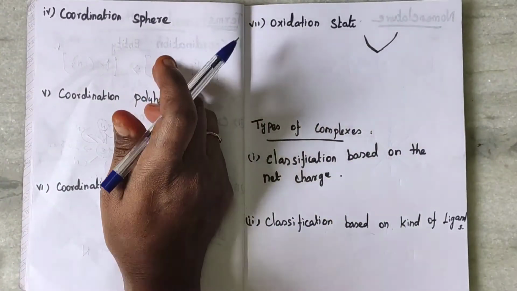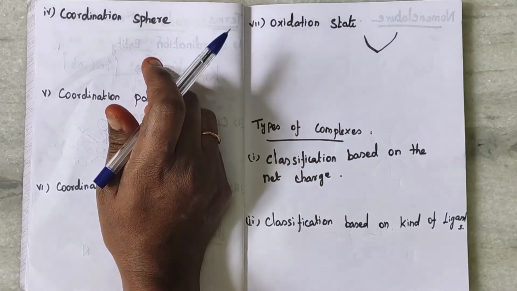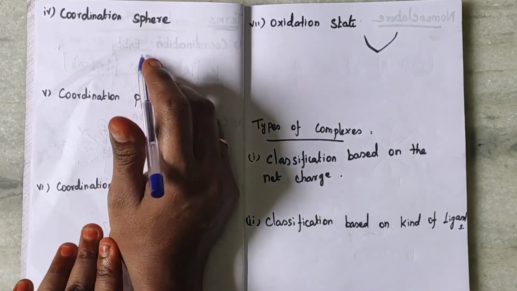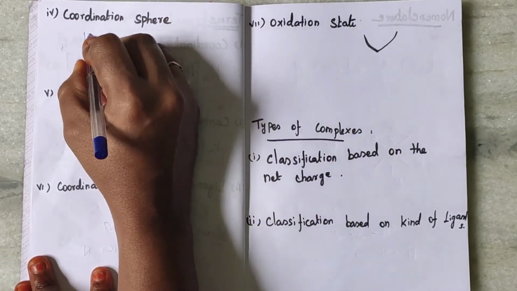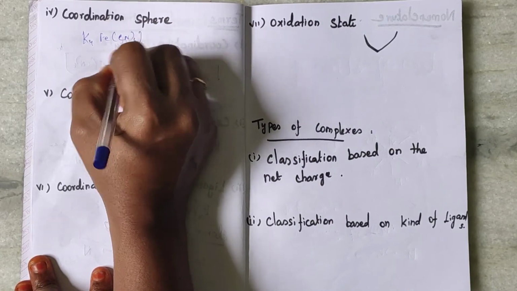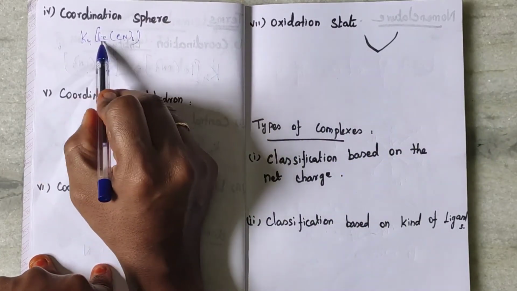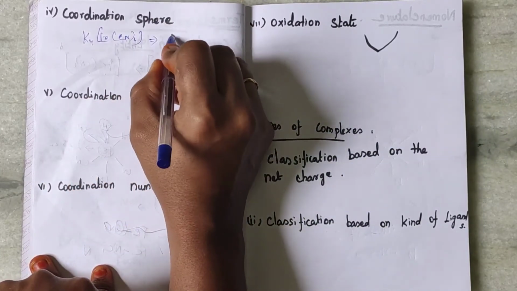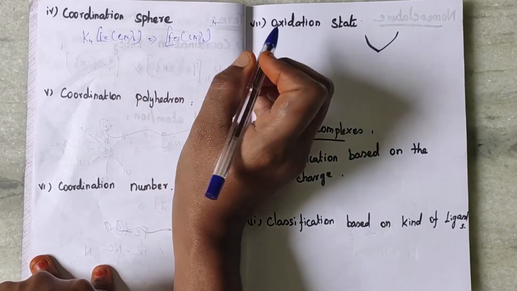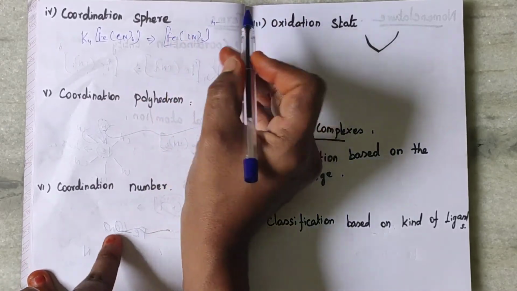Coordination sphere is similar to coordination entity. Our coordination sphere is FeCN6 4 minus. It's a coordination sphere.